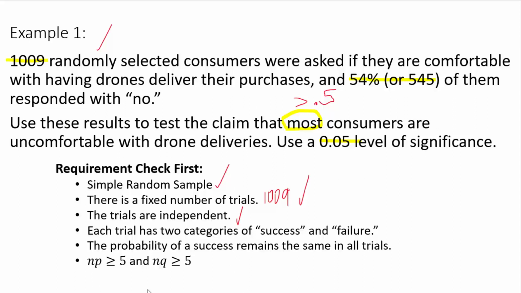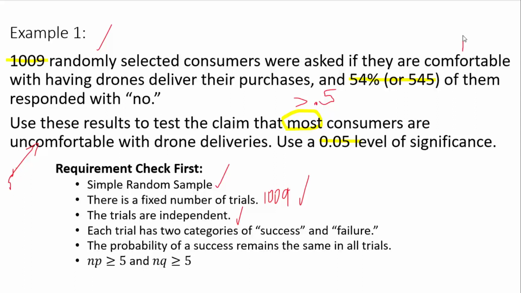Each trial has two categories of success and failure. Success is whatever you're looking for. So if we're looking to test the claim that most consumers are uncomfortable, then uncomfortable in this particular instance is going to be our success.